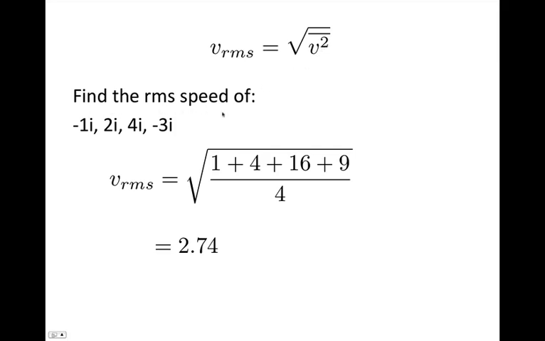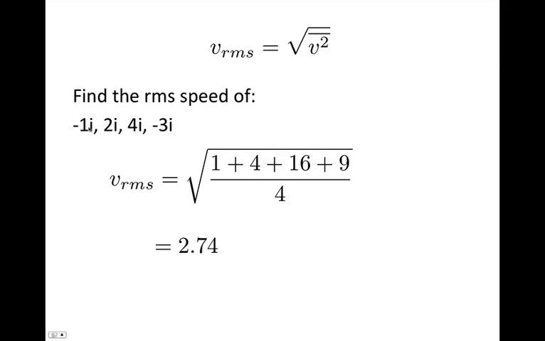If we were to find the RMS speed of these particles, let's assume these are in meters per second in the x direction, then what we need to do is square each of these numbers and add them together, divide by the number of numbers that there are, and then take the square root.